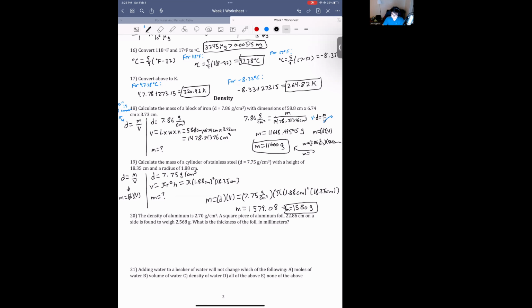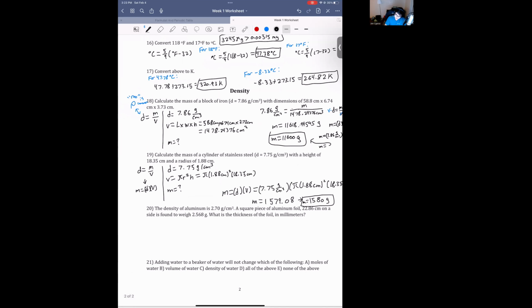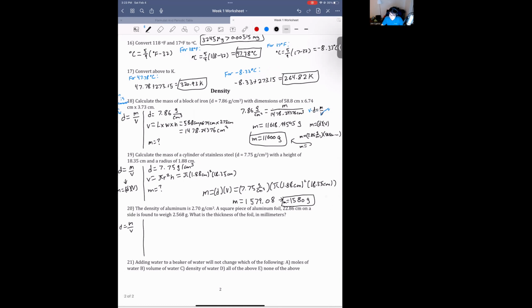And that's your answer. So again, for this next one, this is where algebraically solving for it is very helpful, right? I'll show you why. So again, we're going to start with density is equal to mass over volume. Now, in this question, it says the density of aluminum is that, a square piece of foil has 22.86 centimeters on a side and is found to weigh 2.568.